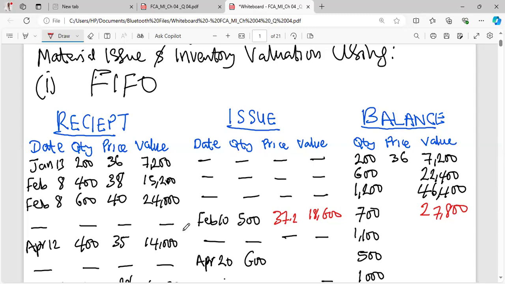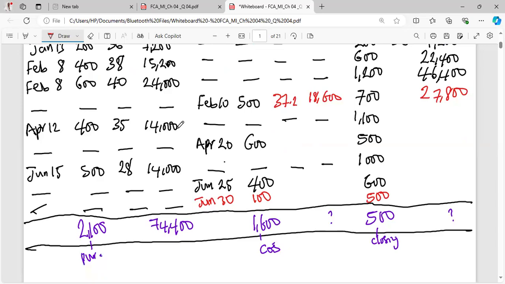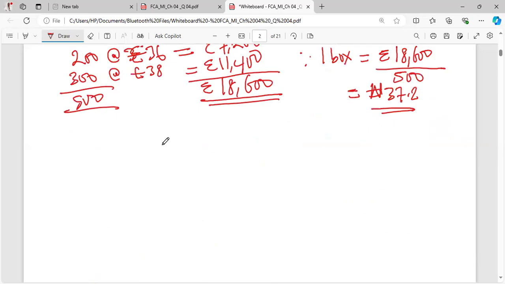So it means that we took 200 from here and 300 here, so 100 is still remaining here. Then for this 600 that we are taking, there's 100 remaining here at 38. Then we'll take the remaining 500 at 40. 100 at 38, 500 at 40.